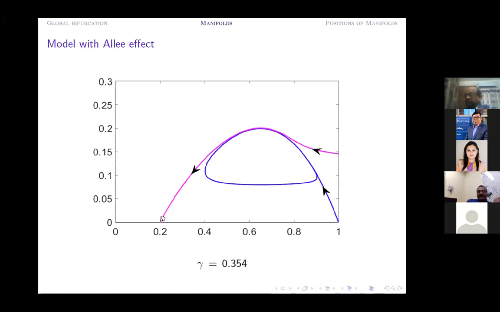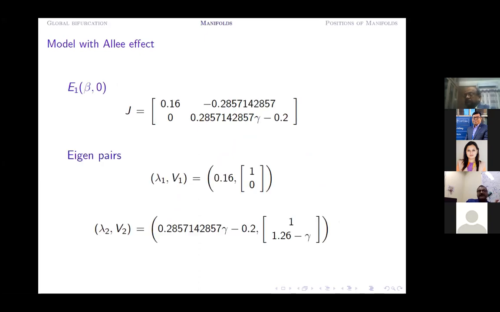On the other hand, in the case of the equilibrium point (0.2, 0), you can find one eigenvalue is negative, and that corresponds to the stable manifold of the system, and also to the stable subspace of the equilibrium point for the linearized system. We also have the eigenvector corresponding to this one.